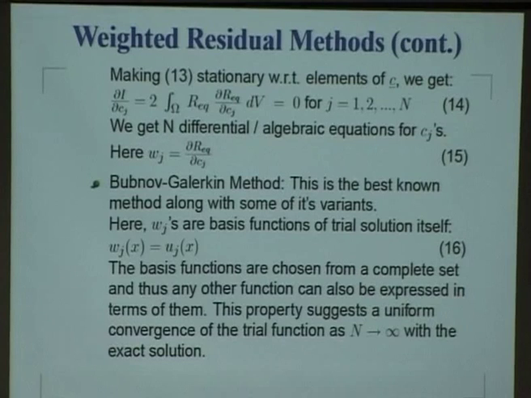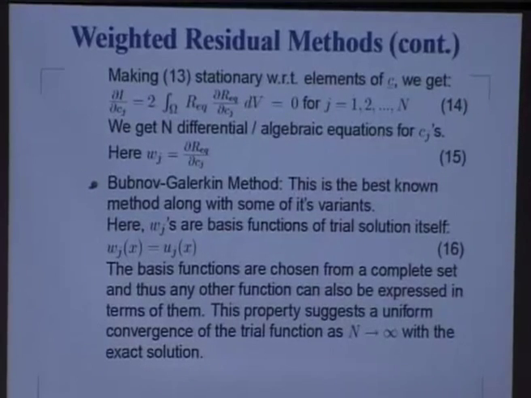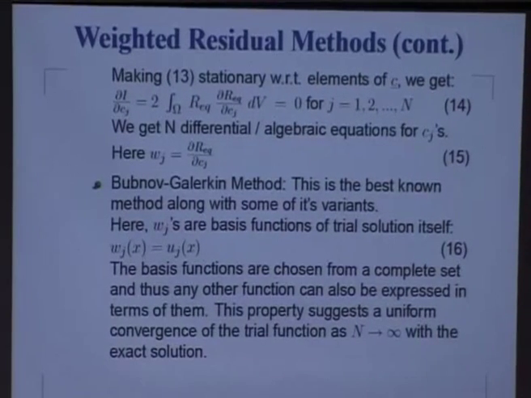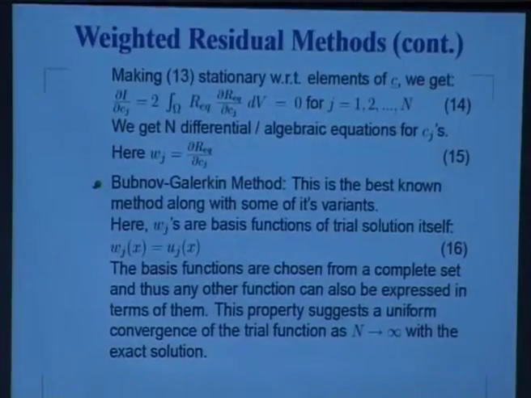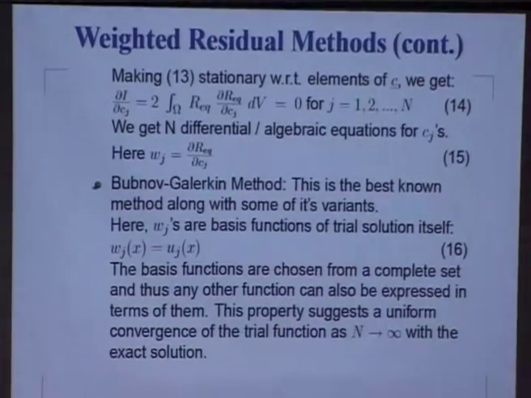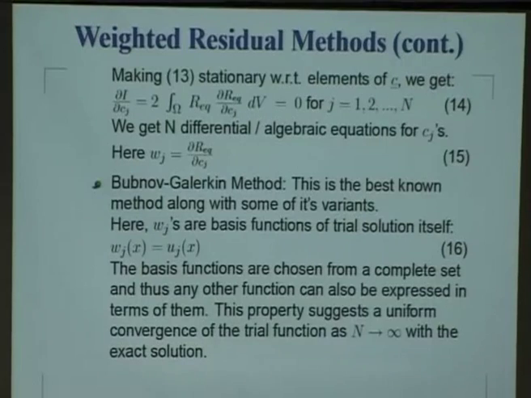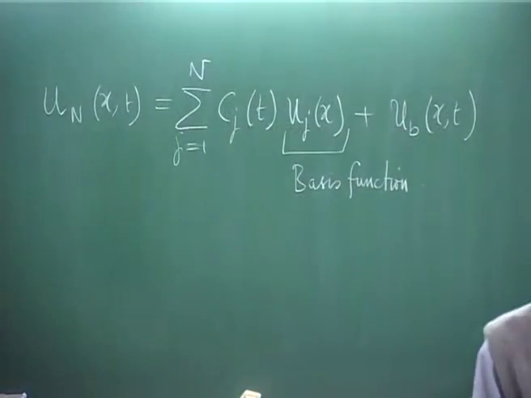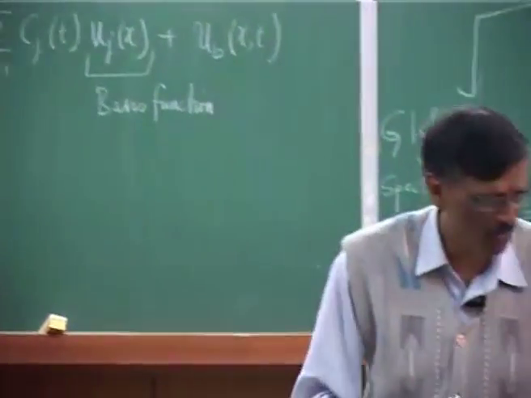Now, if you try to relate this Galerkin method, you can see the necessity for choosing a complete set for this basis function. Why? Because you are trying to obtain a trial solution which could be very arbitrary, and if I am trying to show it as a linear combination of a set of functions, it is quite expected that I try to take it as a complete set of basis functions, like what you do in your Fourier series or Legendre polynomial or Bessel functions.